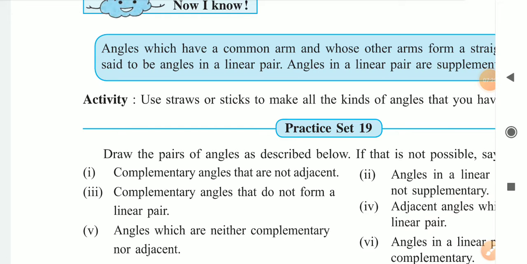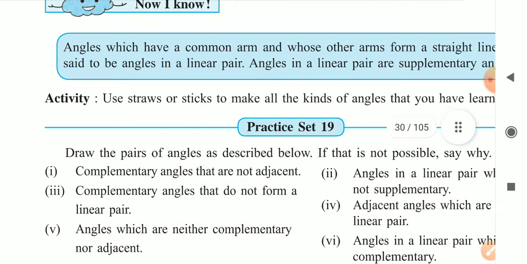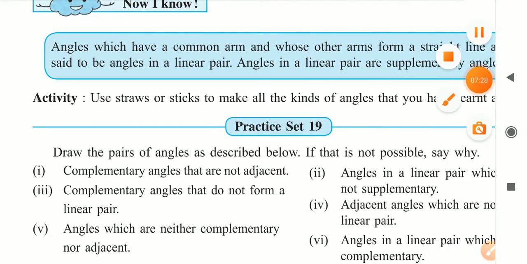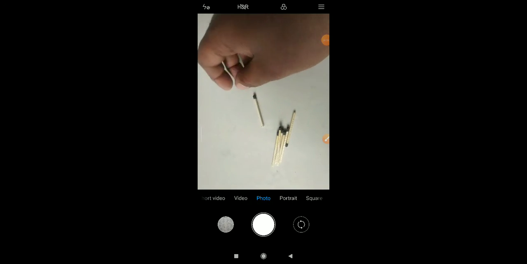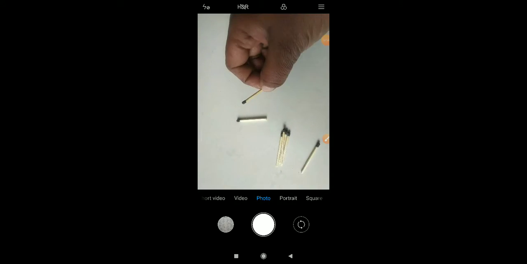To show all that we learned in this lesson, I will take some matchsticks and show you these activities. Here I took some matchsticks. This is my angle.